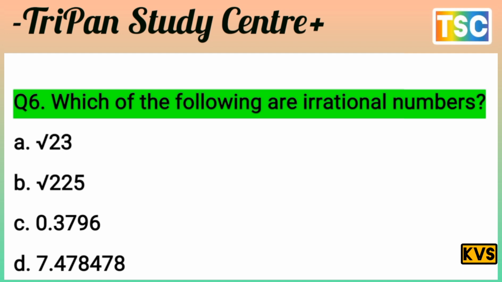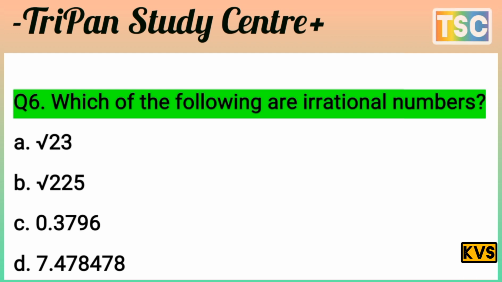And C is 0.3796, which ends with 6, so C is not an irrational number either. And look at the B option: under root 225 is a square of 15, so it is not an irrational number.